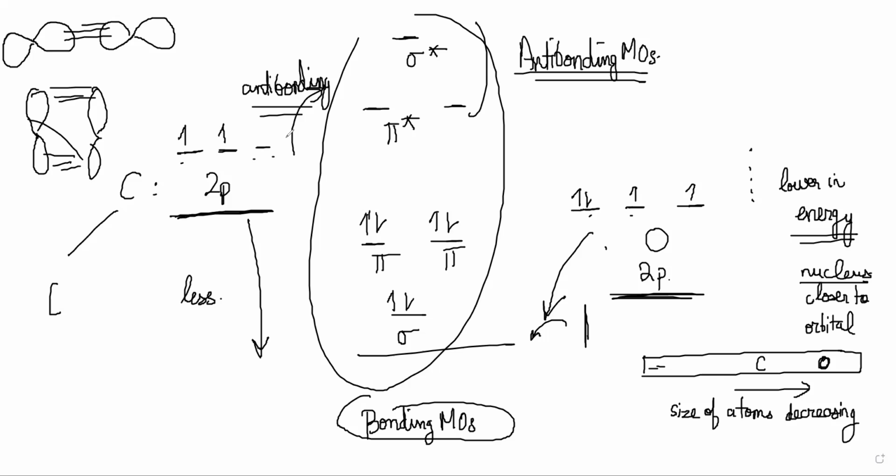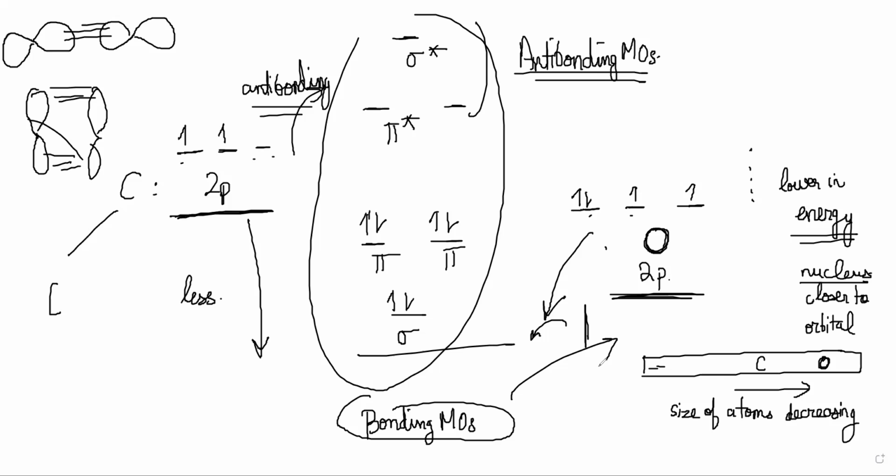That also tells you the fact that more of the electrons which are involved in bonding will be towards the carbon or towards the oxygen. The electrons which are in bonding MOs are forming the bond. Now, if they are closer to oxygen in energy, then they will spend more time towards the oxygen.